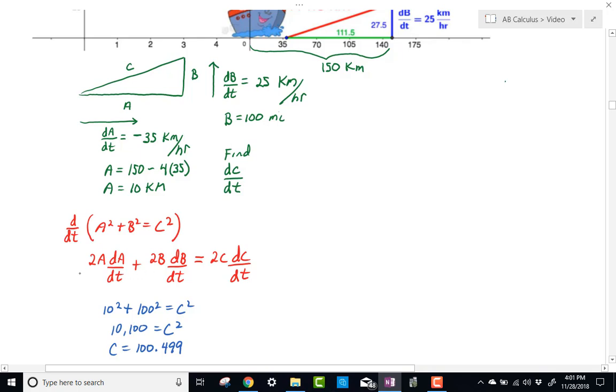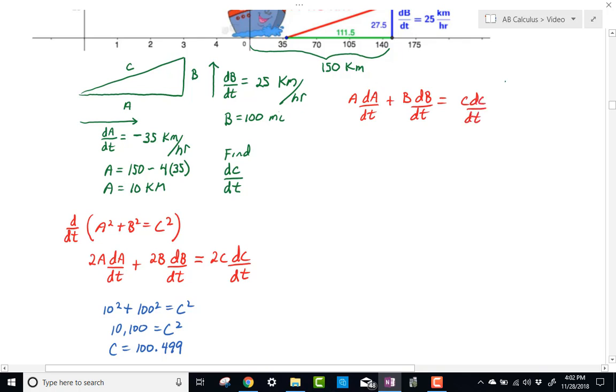Before I do anything, you'll notice in my formula I've got 2a, 2b, 2c. I'm going to divide the whole thing by 2. Then the only thing left is a dA/dt plus b dB/dt, and that's going to equal c dC/dt.